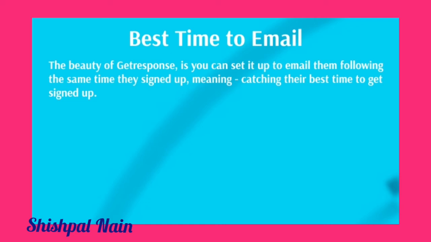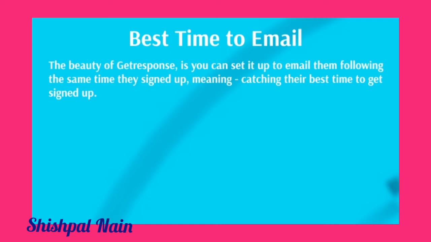So let's say, for example, that one of your subscribers signed up on Wednesday at 3 p.m. GetResponse will actually detect that, and you could set that within your email autoresponder system and say, okay, email them every day at 3 p.m. or every week on Wednesday, 3 p.m.